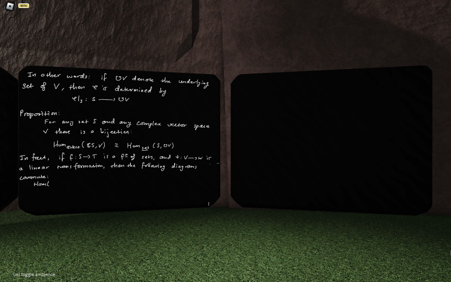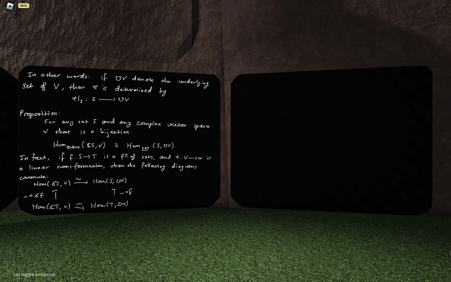This is the Hom set CS to V mapping into Hom S UV, Hom T UV, Hom C T V. These arrows go upwards because it is a contravariant functor. This is blank composed with F. This is the bijection from above. This is the bijection from above.